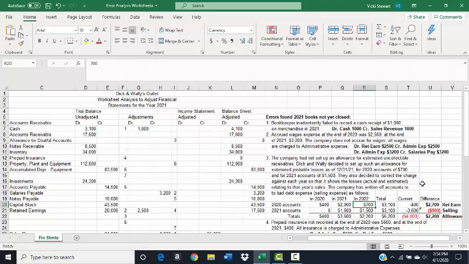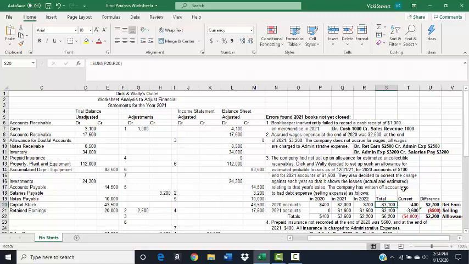So what should we really have done? We really should have debited selling expense in 2020 for $3,100 total and credited the allowance account. Okay, but those books now are closed.